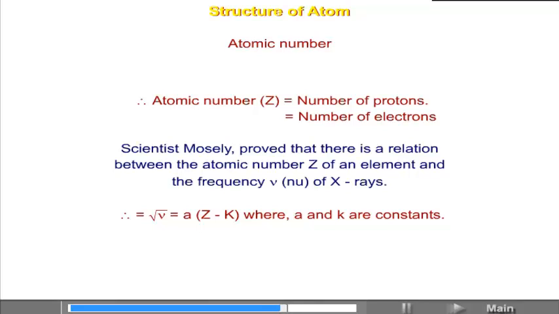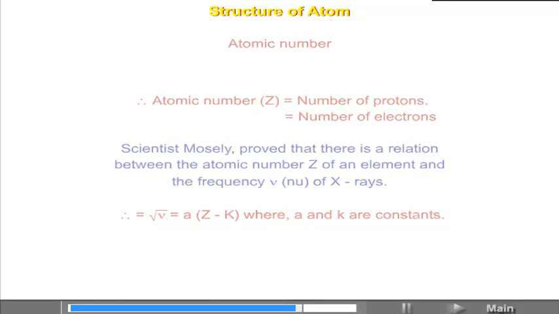Scientist Moseley proved that there is a relationship between the atomic number Z of an element and the frequency nu of X-rays. Therefore, square root of nu is equal to a(Z minus b), where a and b are constants.